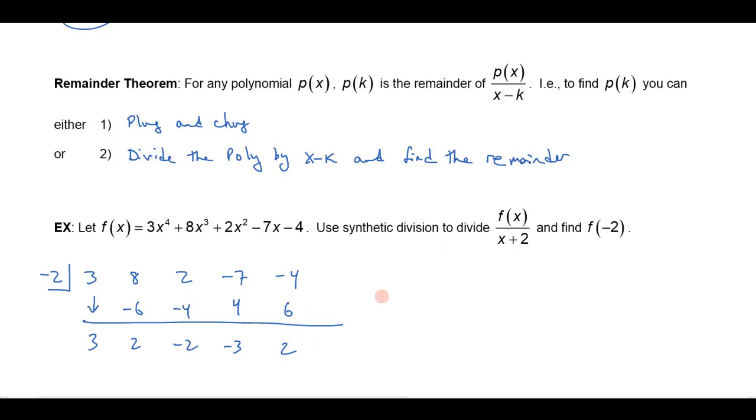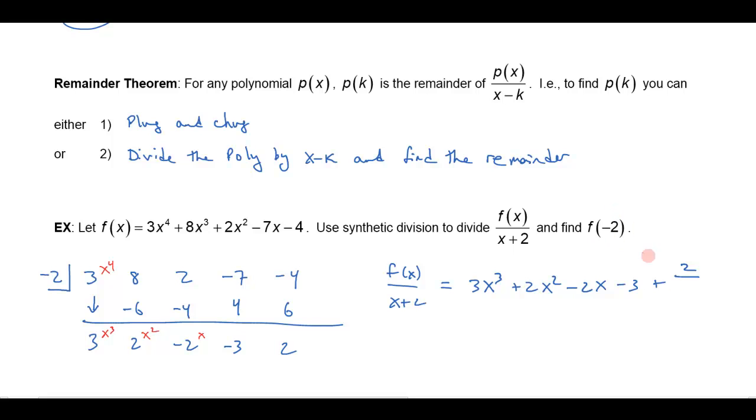So when I divide this out, I'm going to end up with f of x over x plus 2 equals, I've got started here with x to the 4th, so now this is x to the 3rd, this would be x squared, this would be x. So I'm going to get 3x cubed plus 2x squared minus 2x minus 3, and then I'll have my remainder too. Now that remainder is actually my answer.